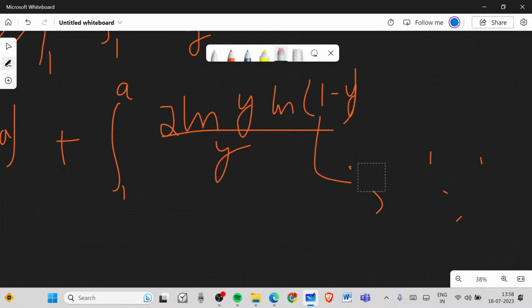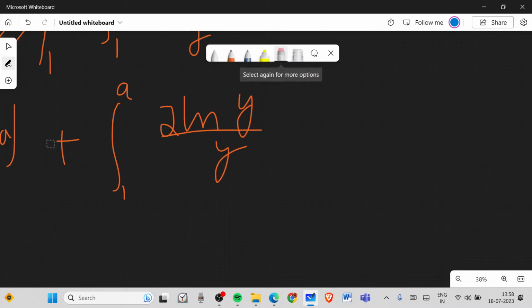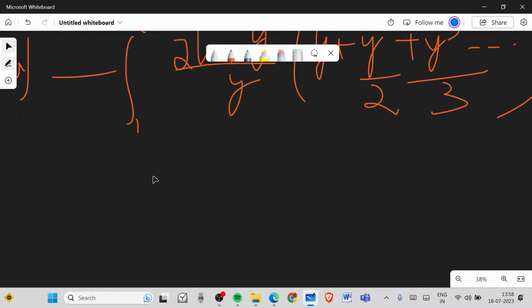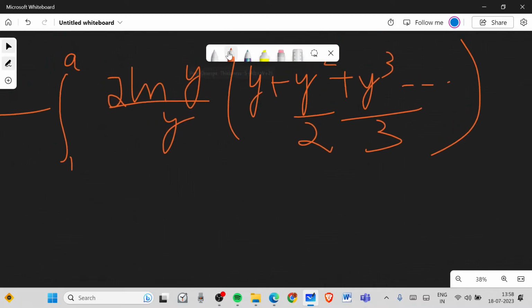This is the mistake I was making previous time, and that's why I messed up the answer. In the series of ln 1 minus y, there are no negatives, only positives after pulling out a negative. It's simply y plus y square by 2 plus y cube by 3, and it goes up till infinity.